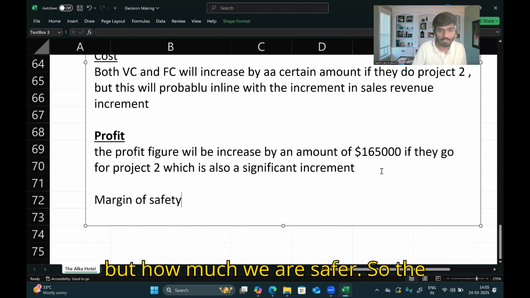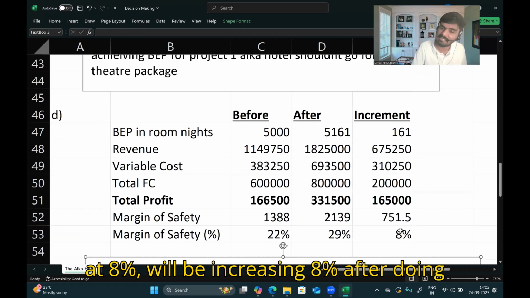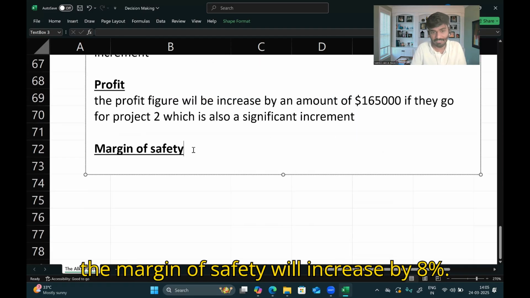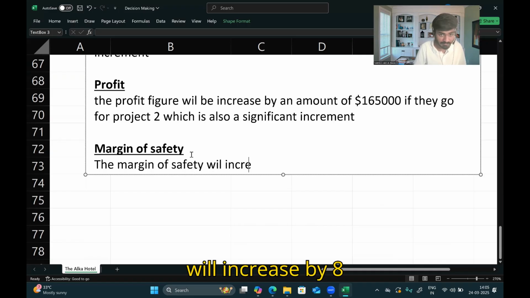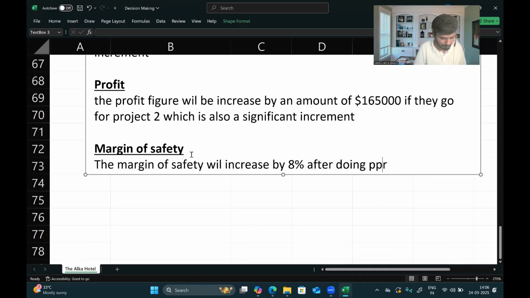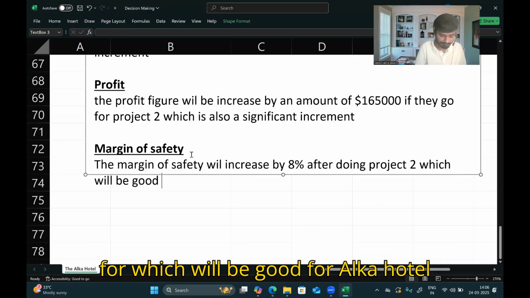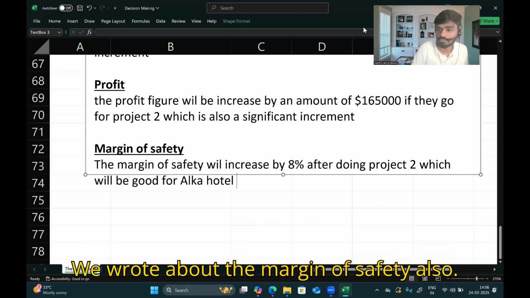So we can simply write that the margin of safety will increase by 8% after doing project 2, which will be good for ACCA Hotel. Okay, we wrote about the margin of safety also.